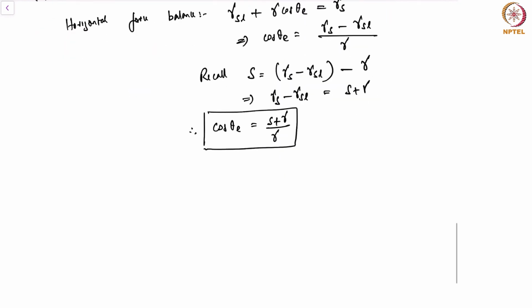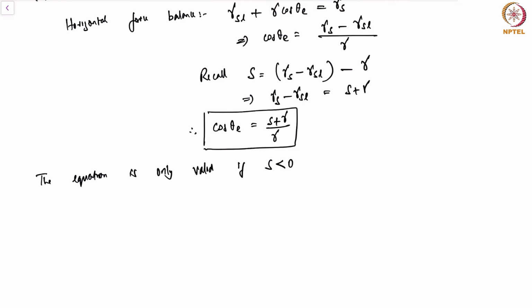Correct? Now the equation is only valid if S is less than 0, right? So if S is less than 0, only then can you have a cosine of theta e.